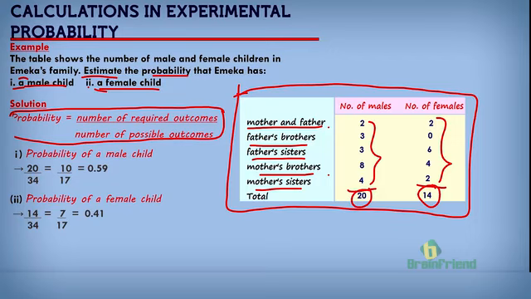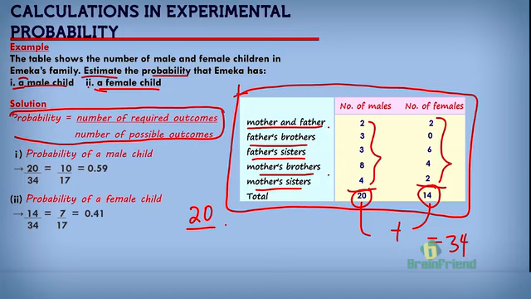To get the probability that Emeka has a male child, the number of required outcomes, total males, 20, all over the total number of children. So here we need to add up the male and female children. So 20 plus 14 gives us 34.